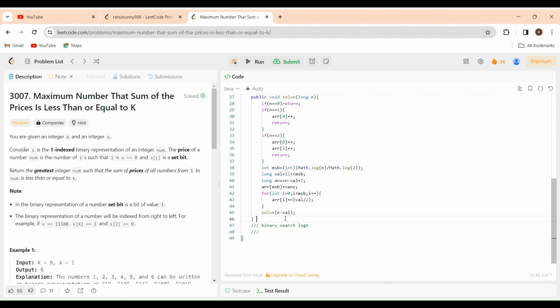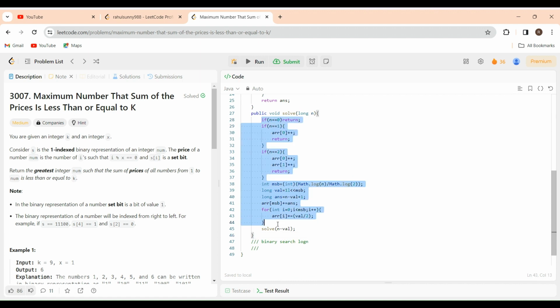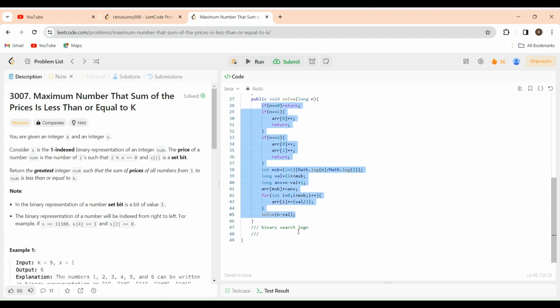So this recursive solve function also takes log n to calculate the price of num.